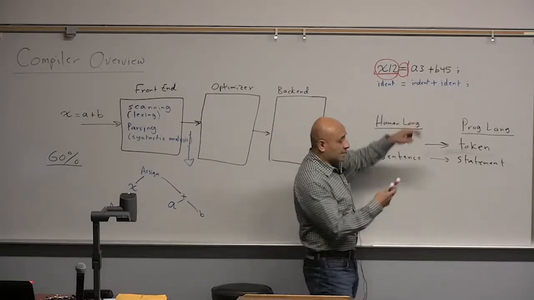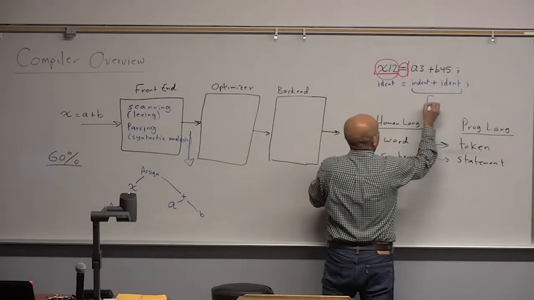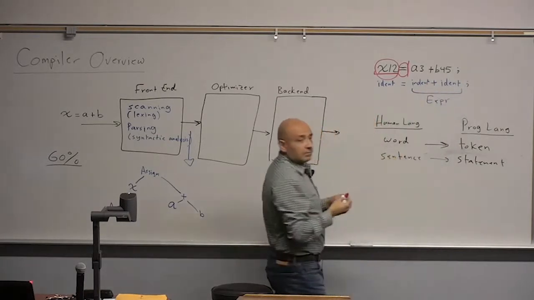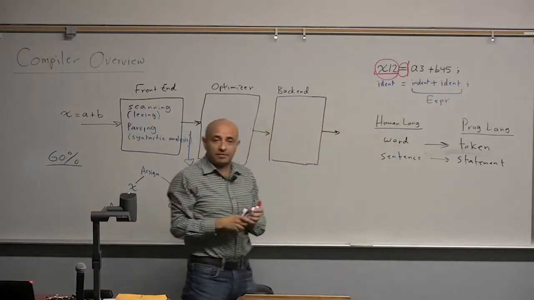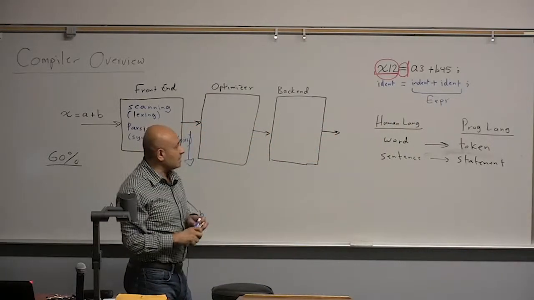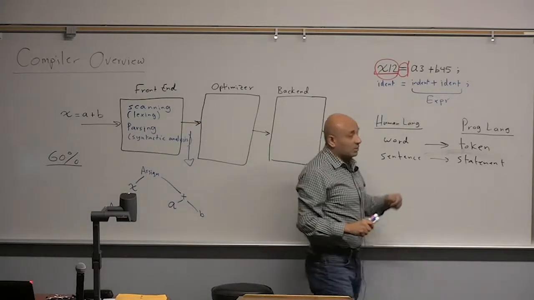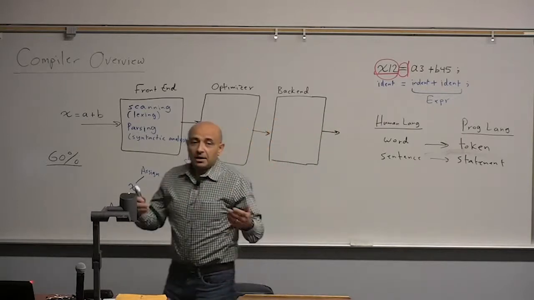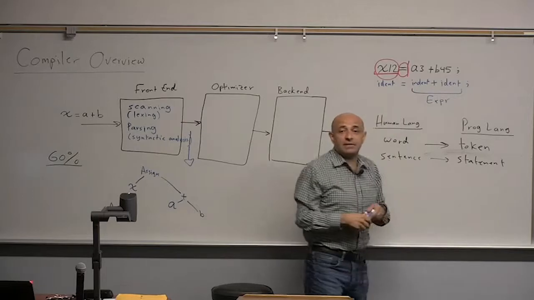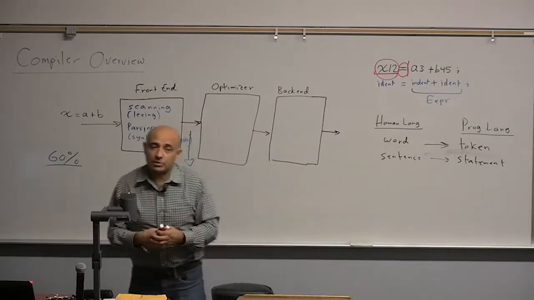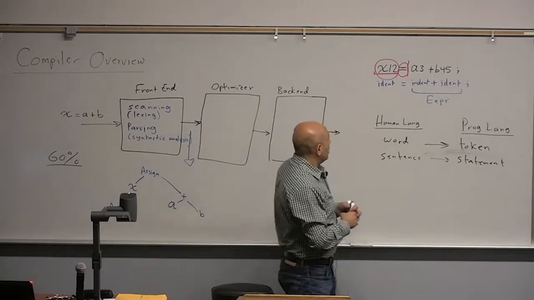So we are computing an expression, and we are assigning an expression to an identifier, the left-hand side of this assignment statement. So if there is a rule that says that, this will be a valid statement in the programming language. Just like a valid sentence in a human language, right?